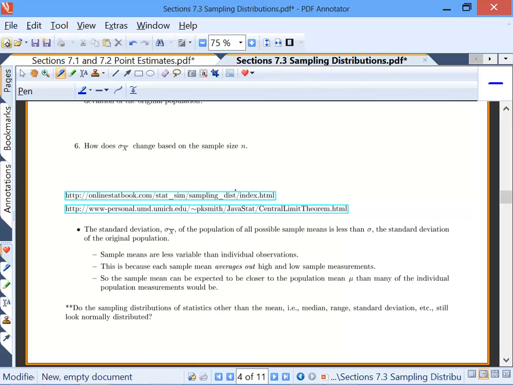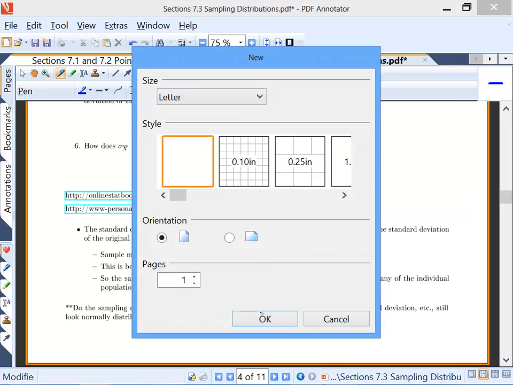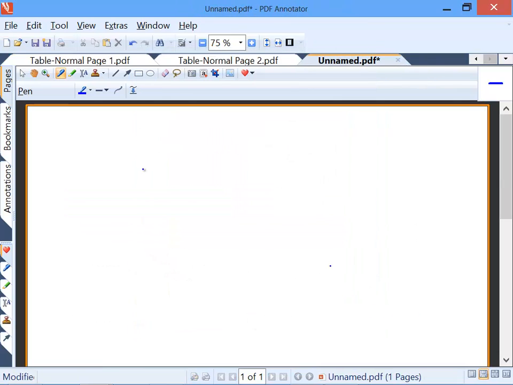Okay. So for instance, I thought of this explanation last semester. Let's say I have a population like this. So this is my population of individual values. Okay, and then I want to find the sample means. So let's say I'm just picking 2 values. If I pick 2 values from here, then my sample mean will be that value. If I pick 2 from here, my sample mean will be this value.